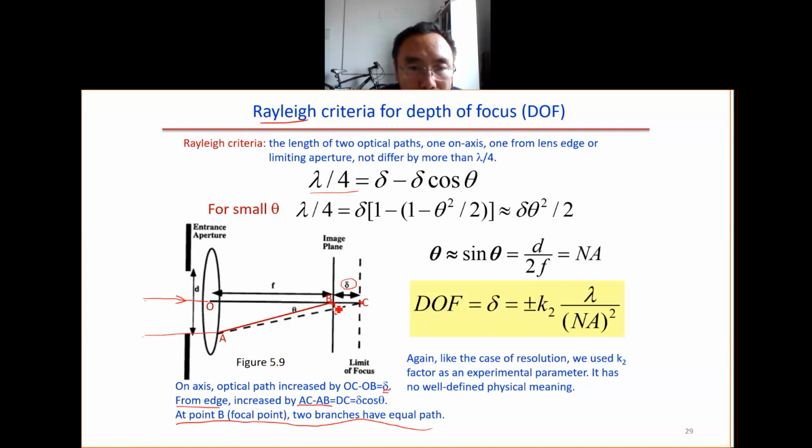If we draw a line like this, it is given by DC. DC is delta cosine theta. This is theta, and this angle is also roughly theta, because delta is much smaller than the focal length. So then delta minus delta cosine theta equals lambda over 4. This is the Rayleigh criterion. And then we can work with the cosine theta.